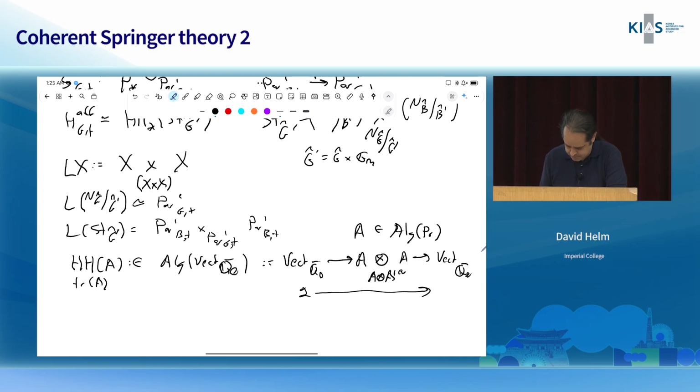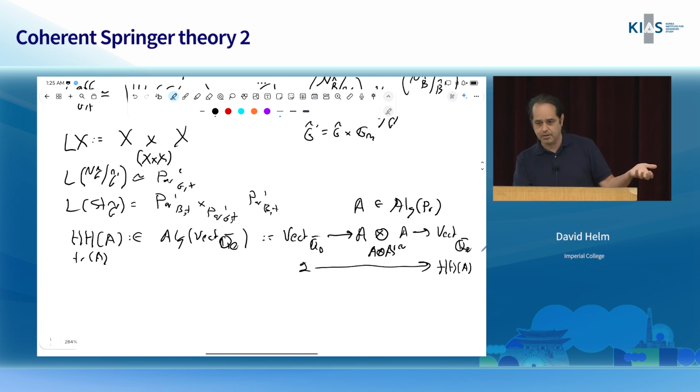So if you look at one in here, that gives us an object of Vect Q l bar that we call HH of A. A priori that's just a complex, but the monoidal structure on A gives it the structure of an algebra object, a DG algebra in this context.